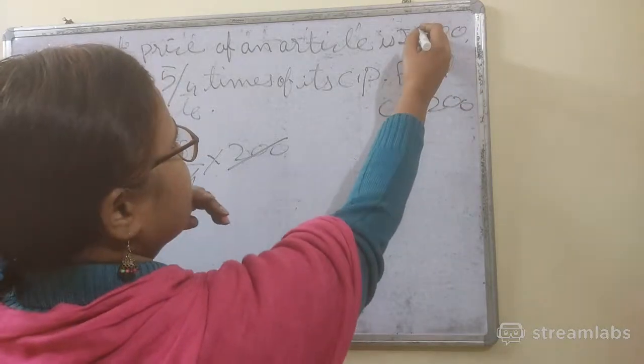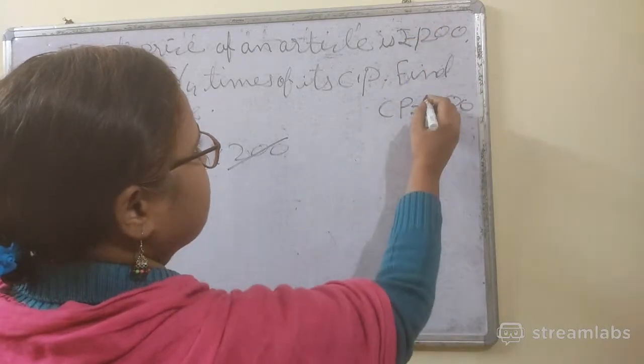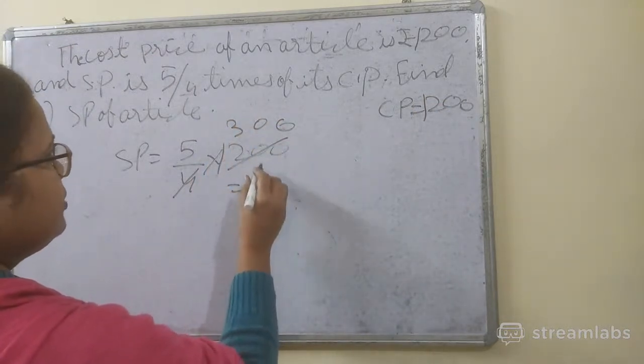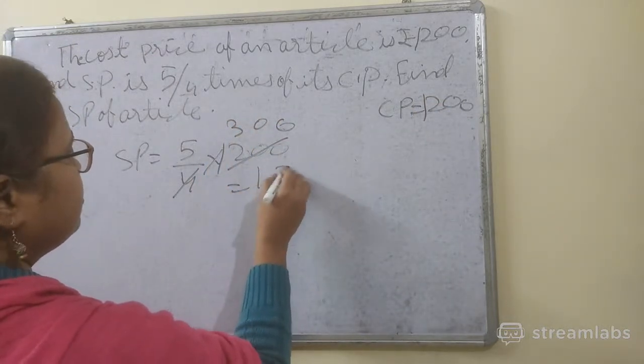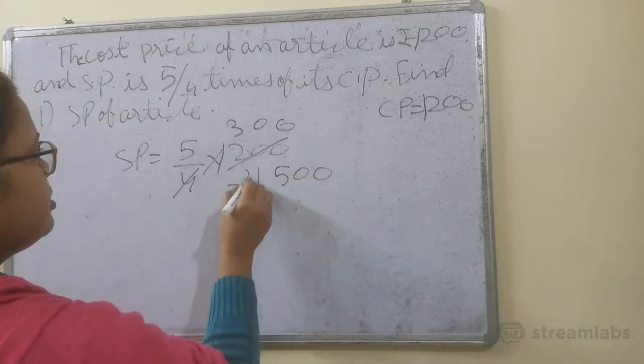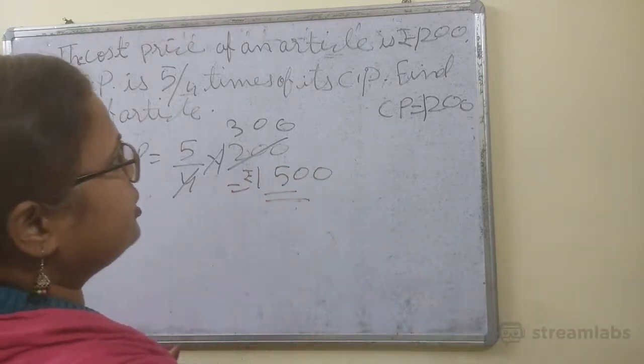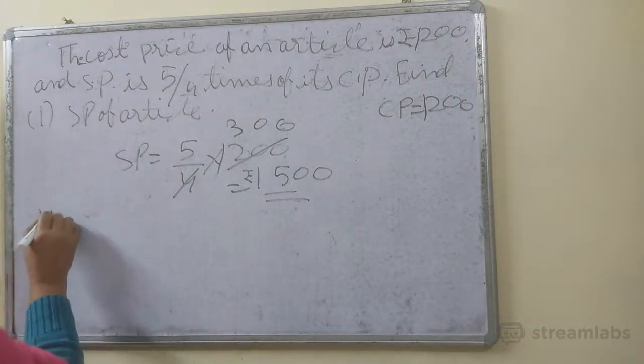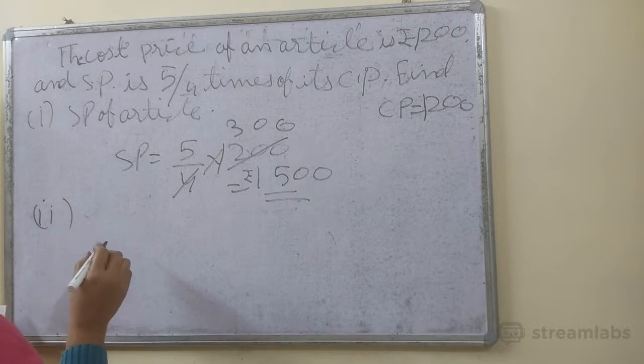I think this is 1200, it is given in the question. So it will be what? It will be 1500. So your answer will be what? SP is 1500.